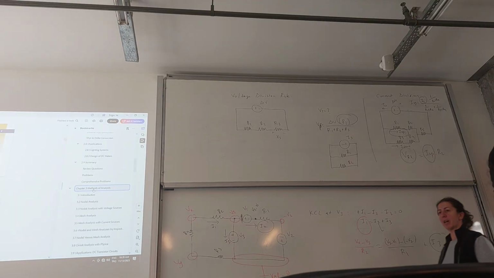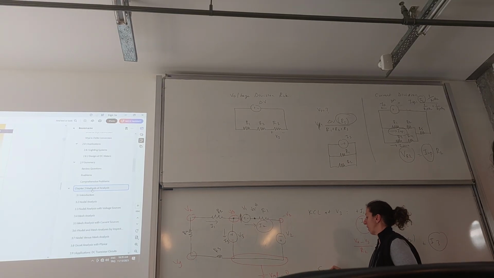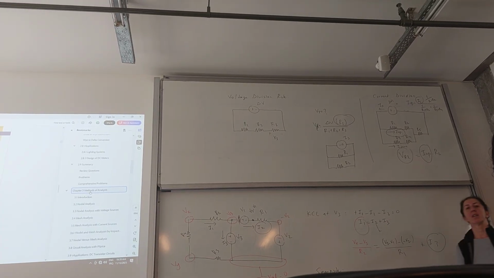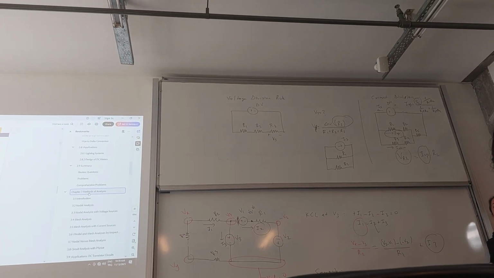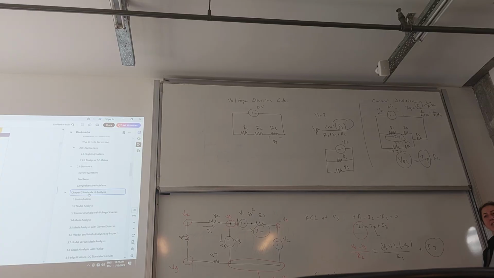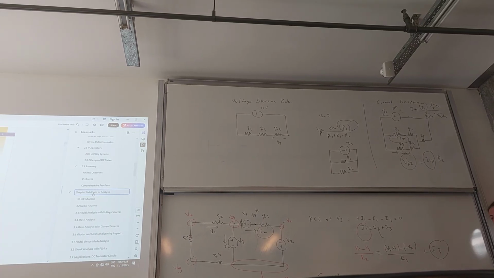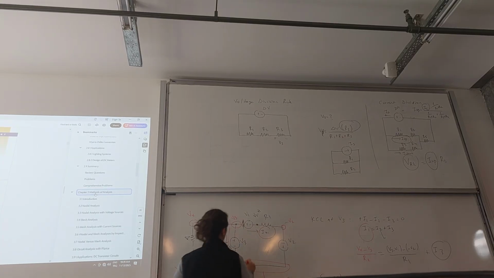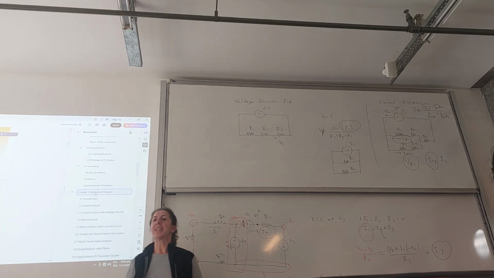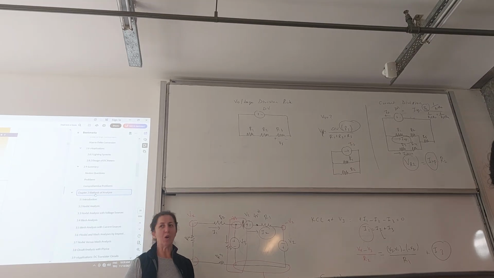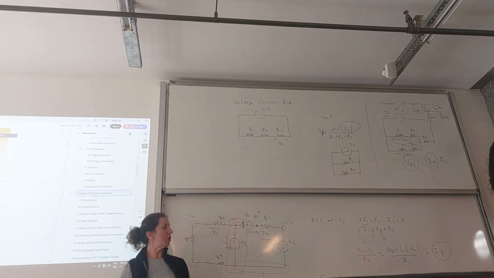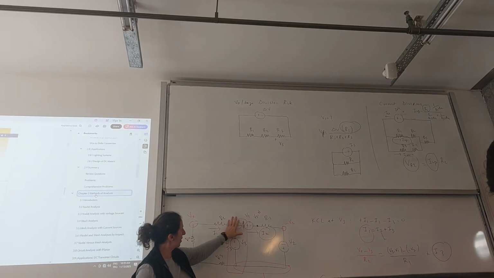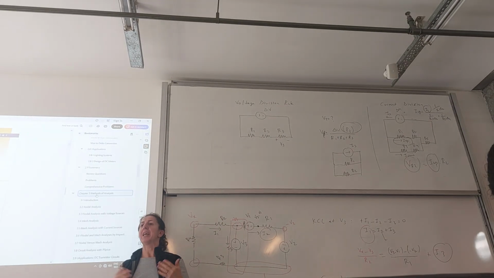But what was the idea about the supernode? If we have a supernode, what were we doing? This is my node, right? Anything entering the node should also leave the node. So instead of focusing on that node, this time I'm going to look at what enters here and what is leaving here.